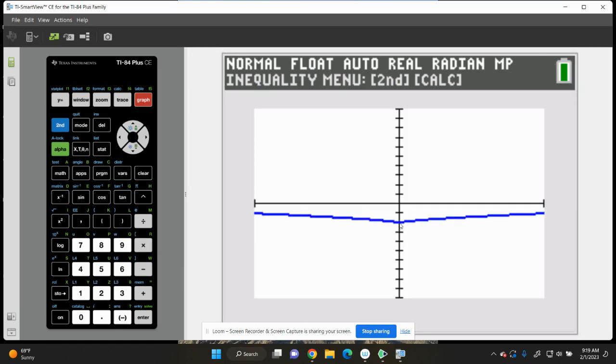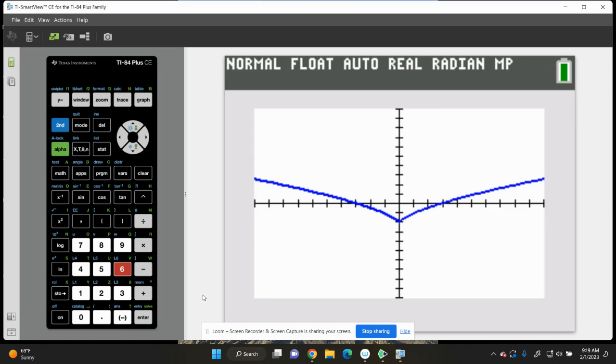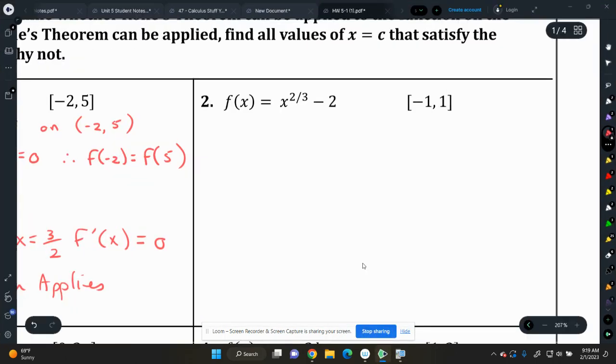Okay, so it looks to me like we're going to have a problem right here at x equals 0. And we can see it better when we zoom in a standard window. So we have a cusp here, which means it's not differentiable at x equals 0, right? F of x is not differentiable at x equals 0.